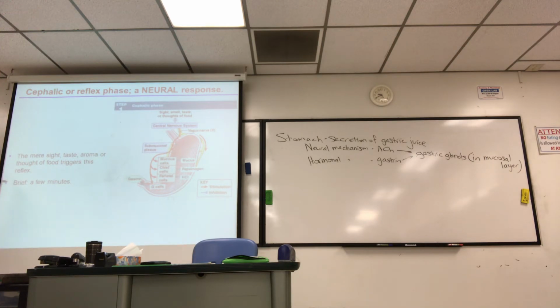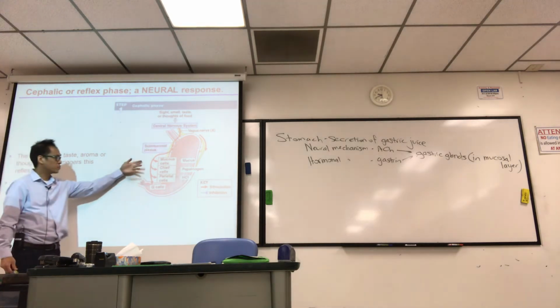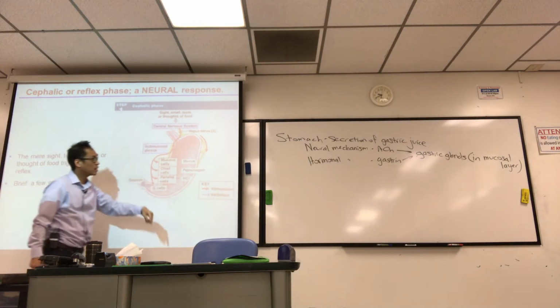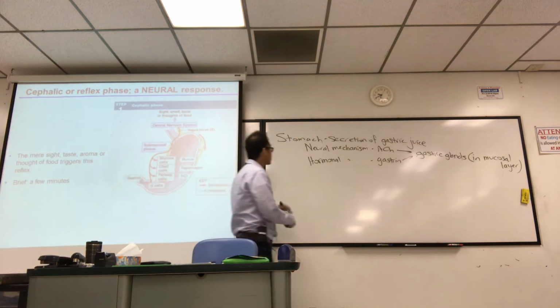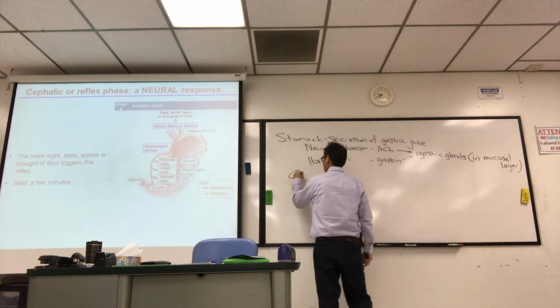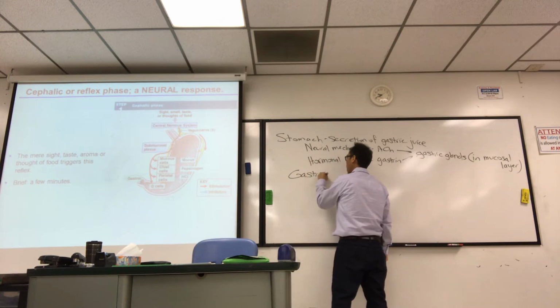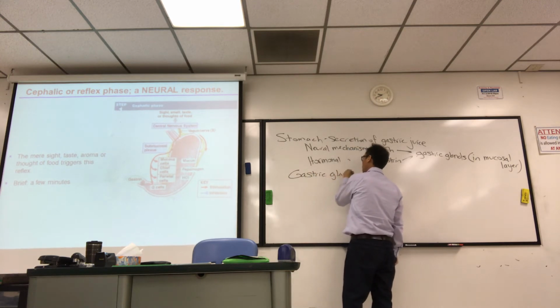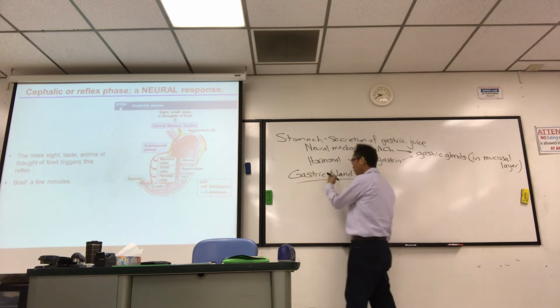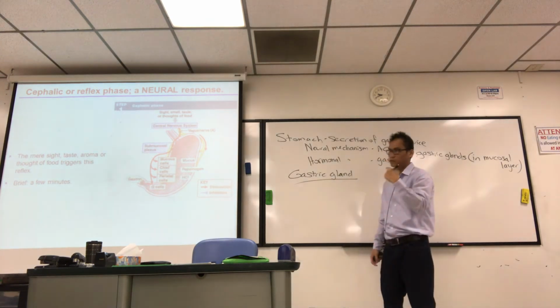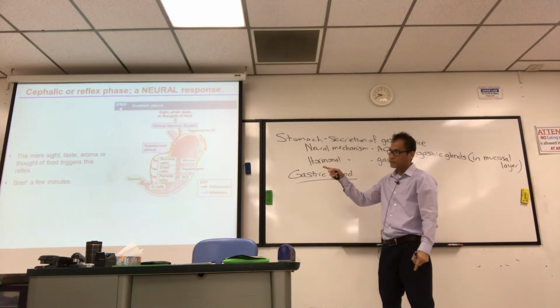So first off, before you start eating, let's look at what I mean by gastric juice, these three things. Whenever I say gastric juice, think about the gastric gland. What are the cells in the gland of the mucosa that secrete the juice? Mucus cells, chief cells, parietal cells.